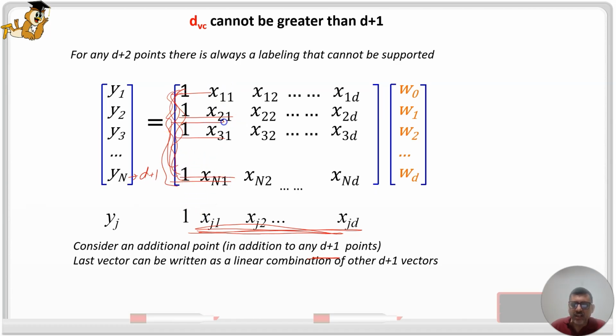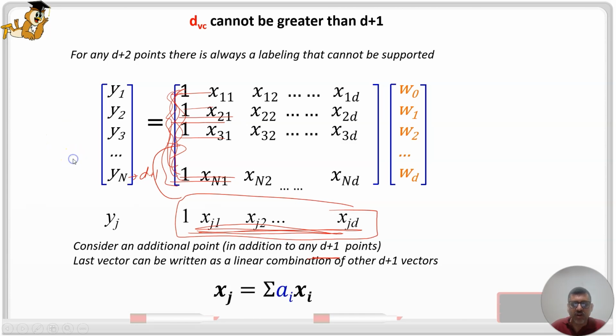And if they are linearly independent, then any additional vector that I create can be written as a linear combination of these vectors, right? So effectively, this vector xj is a linear combination of these xi's, where i runs from 1 to d plus 1, and the ai's are the corresponding coefficients of that linear combination.